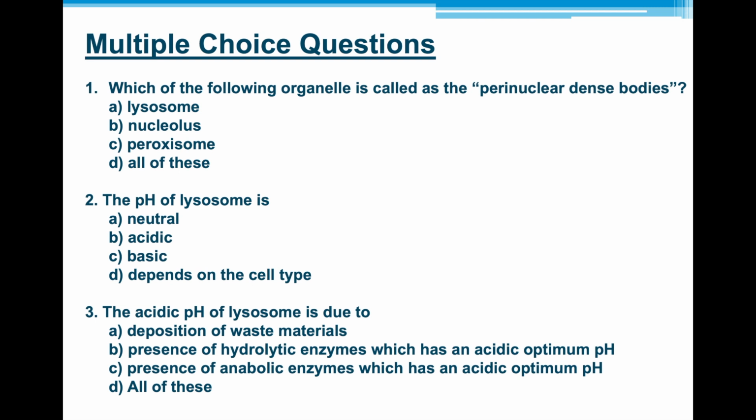Question number 3. The acidic pH of lysosome is due to options are deposition of waste materials, presence of hydrolytic enzymes which has an acidic optimum pH, presence of anabolic enzymes which has an acidic optimum pH, or all of these.